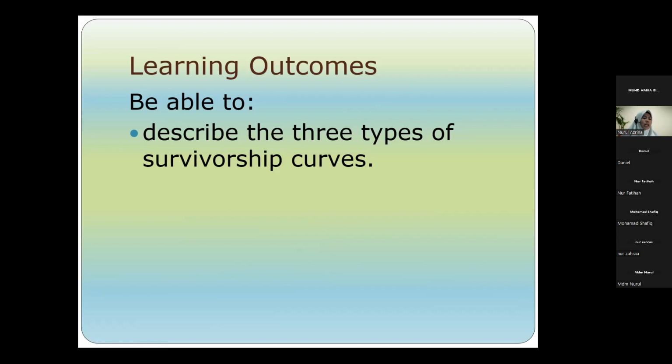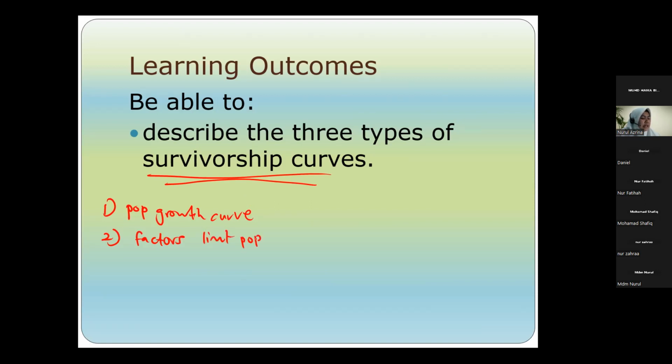Next, we go to another term, another concept, right? On survivorship curve. Okay, survivorship curve. So concept number 1, we have looked at population growth curve. Concept number 2, we are looking at factors that limit population size or population growth.